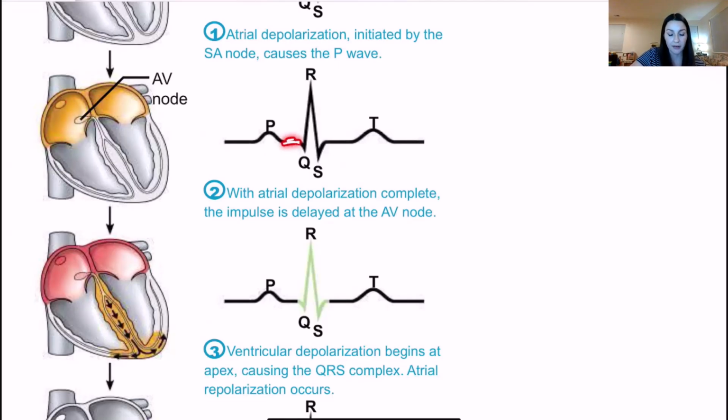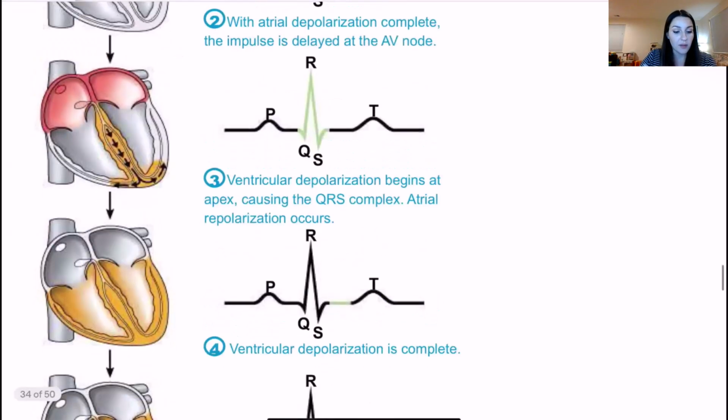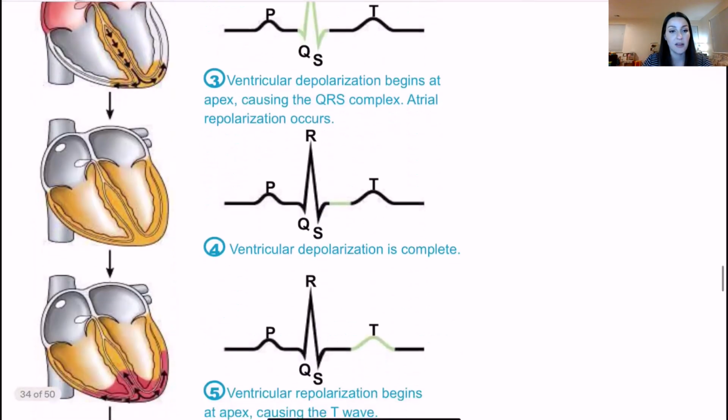That's the little flat part there. The QRS complex happens when we go from the AV node down the ventricles to the apex. That's the QRS complex. When all of those cells are depolarized, that's this little flat ST segment.